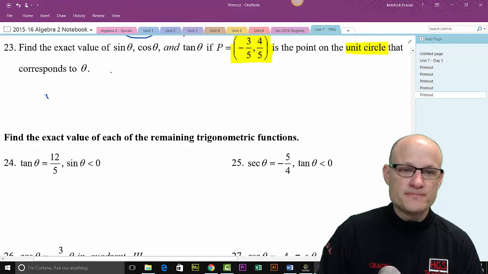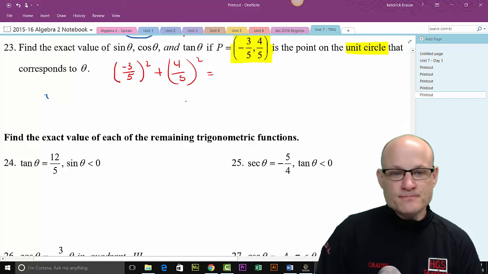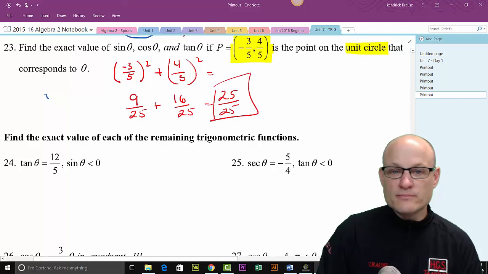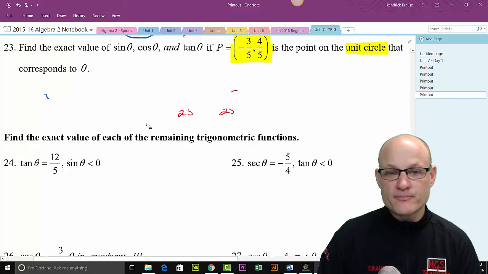What is negative 3/5 squared plus 4/5 squared equal to? Well, this is 9/25 plus 16/25. And that equals 25/25, which is 1. That is why it is on the unit circle. This is, in fact, a point on some unit circle somewhere.